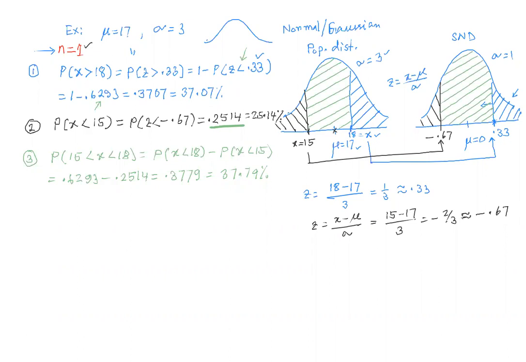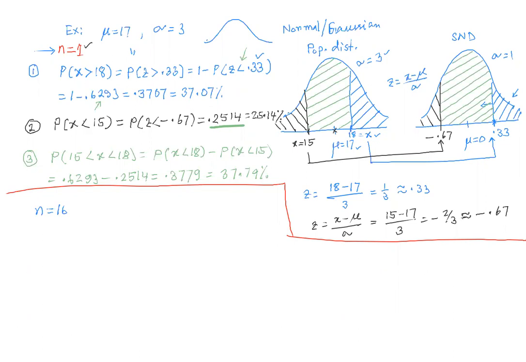Now, let's go ahead and change the game. In the next problem, let's draw a line here. In the next problem, I tell you to consider a sample of size 16 and answer the same questions.